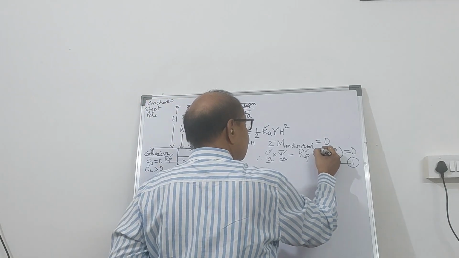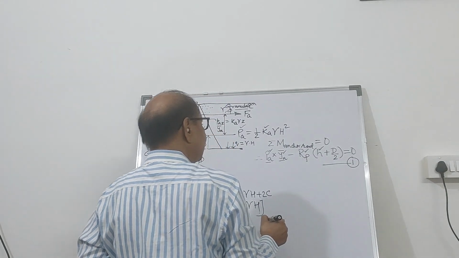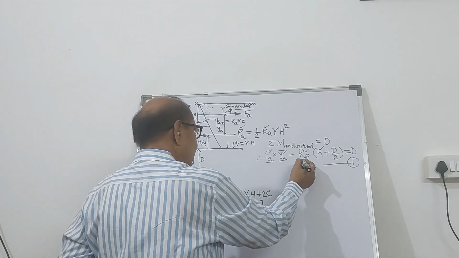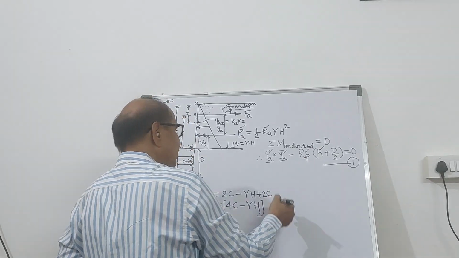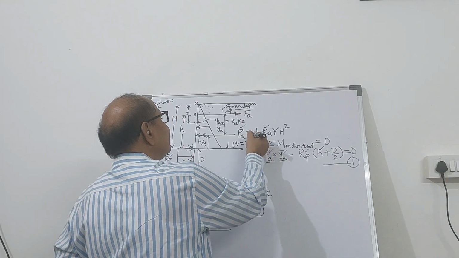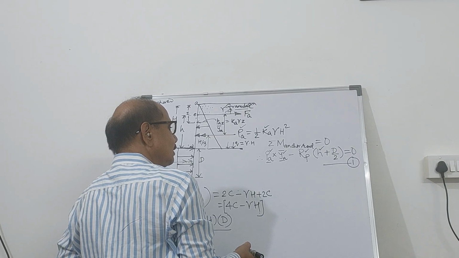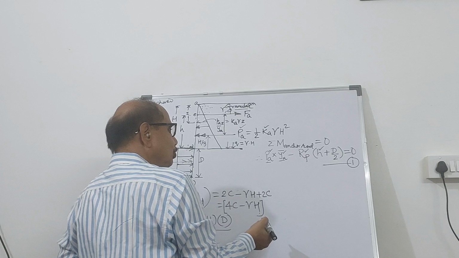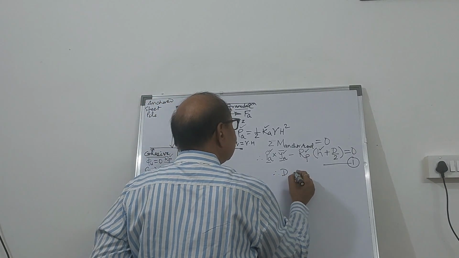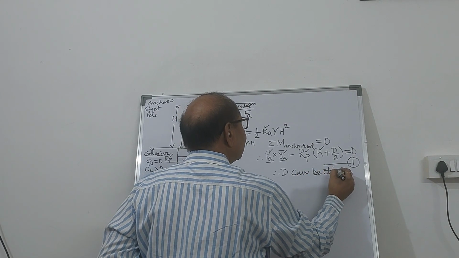H is known to us. The only unknown is going to be D. So substituting the value of RP in terms of D and the value of PA in terms of H, for a given height H of the anchored bulkhead, D can be obtained.